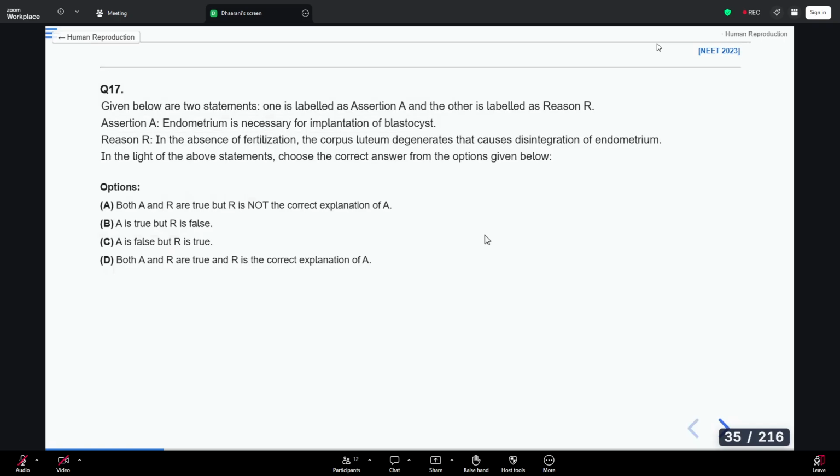Where can you see endometrium? Why no answers? What is endometrium?